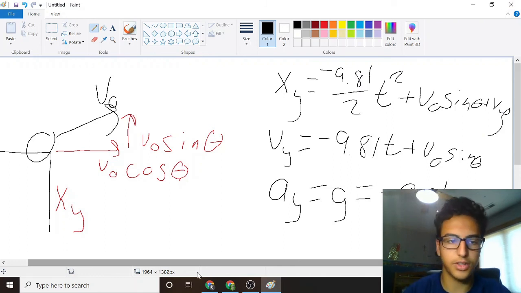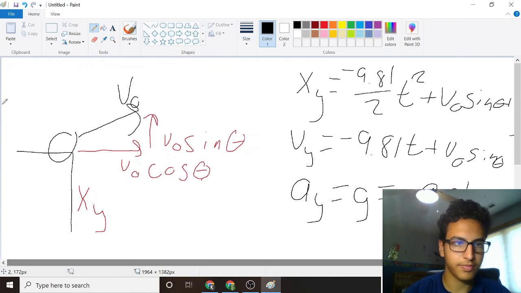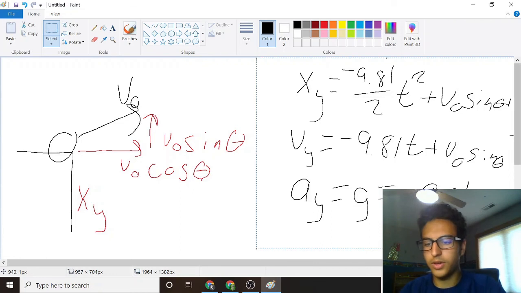Okay, plus the initial y value, which is right here. It's this initial value.